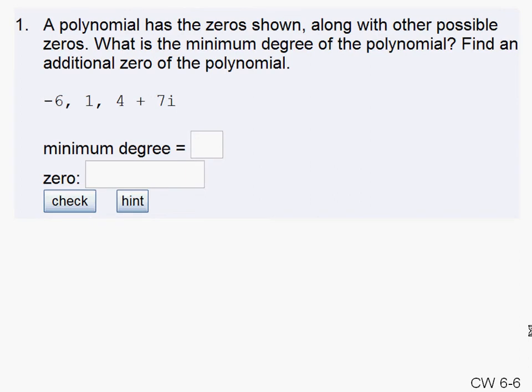Number 1 on classwork 6-6 says a polynomial has the zeros shown along with other possible zeros. What is the minimum degree of the polynomial? And find an additional zero of the polynomial.